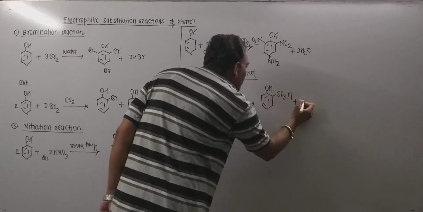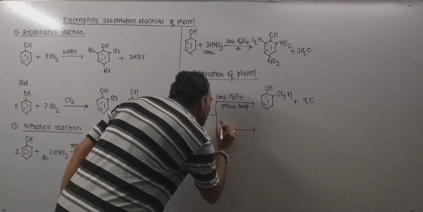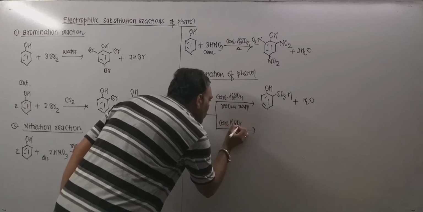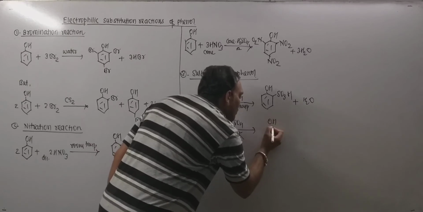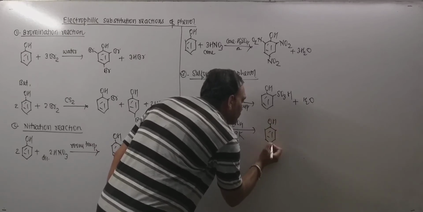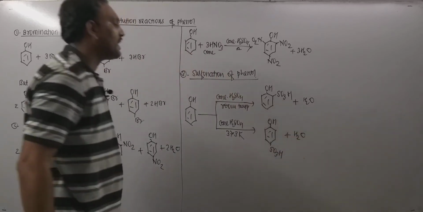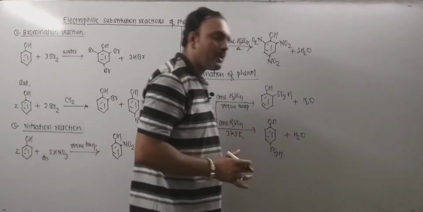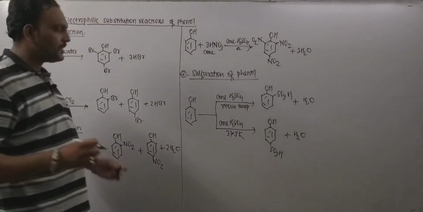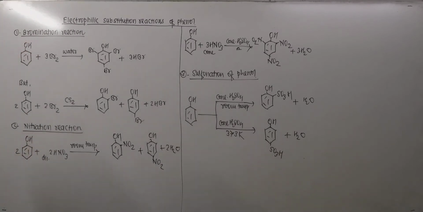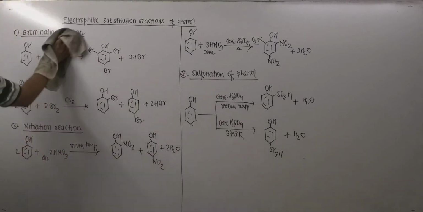Orthophenol sulfonic acid is obtained with the departure of water. But if the same phenol is heated with concentrated H2SO4 at about 373 Kelvin, then the para substituted product has major yield. This is the paraphenol sulfonic acid. Thus, at room temperature, orthophenol sulfonic acid is obtained, whereas at high temperature, I mean at 373 Kelvin, paraphenol sulfonic acid is formed as a product.